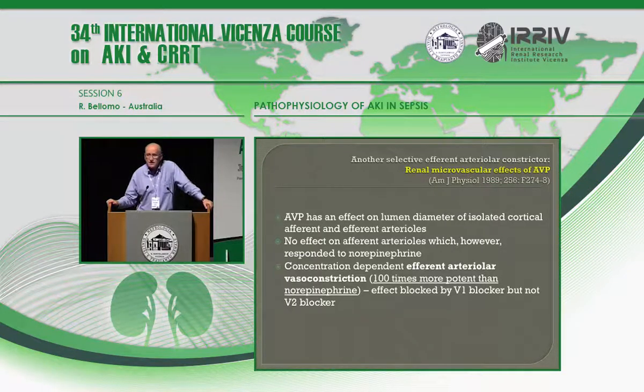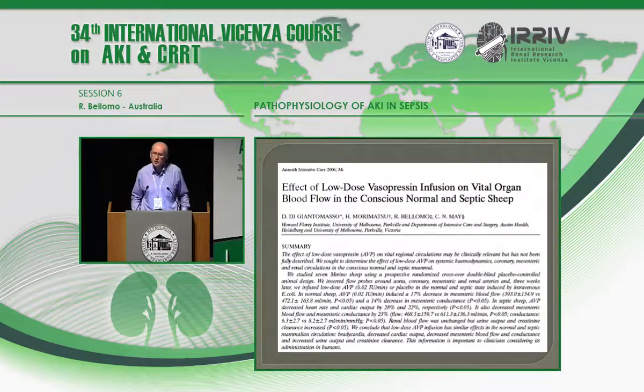We have evidence that arginine vasopressin has a greater effect on the lumen of efferent arterioles, and this ability may actually show up as an effect in function and renal blood flow in the same model.